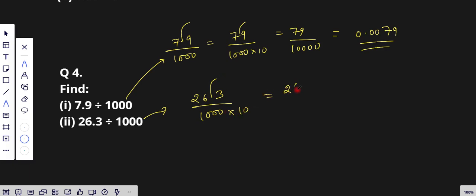Now I have 263 divided by 1000. Again I have zeros in the denominator, but this time I have 3 digits in the numerator, so 4 digits are required. For that I just put 0 before 263, and then before these 4 digits I put one decimal here. Okay, so this is my answer. Any doubt? So please note it down fast.